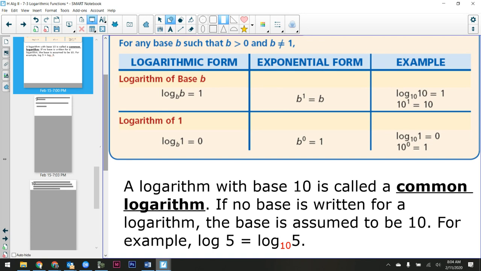That's common log. We will learn a little bit more later about, do you see right below the log button, the LN button? That is what's called a natural log. Natural log, that's log base E. So your calculator has two buttons right on the front of it that perform logarithms. Log base 10 and log base E.